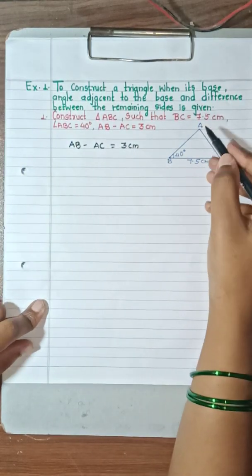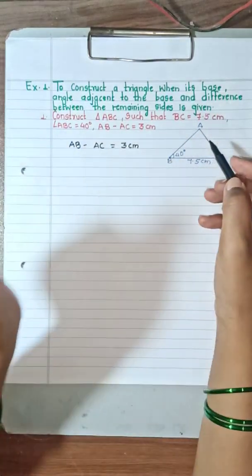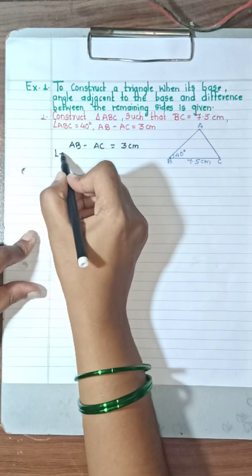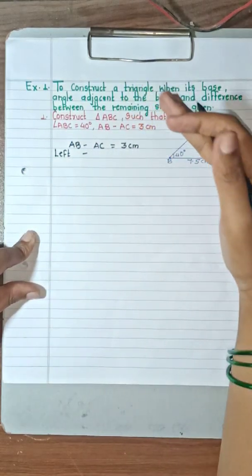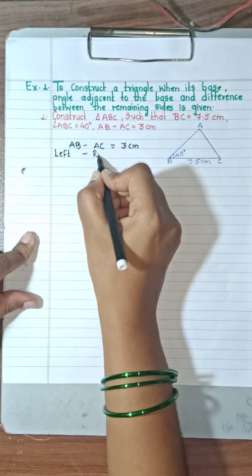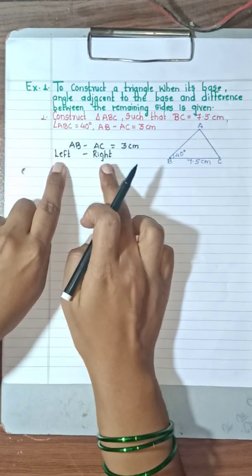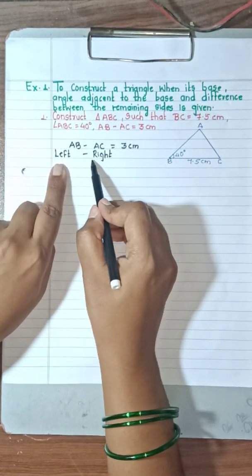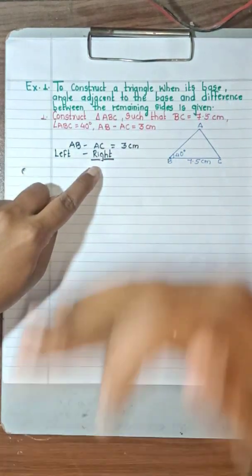Now AB is to your left hand side, and AC is to your right hand side. Whenever left minus right comes, you have to draw the diagram above.